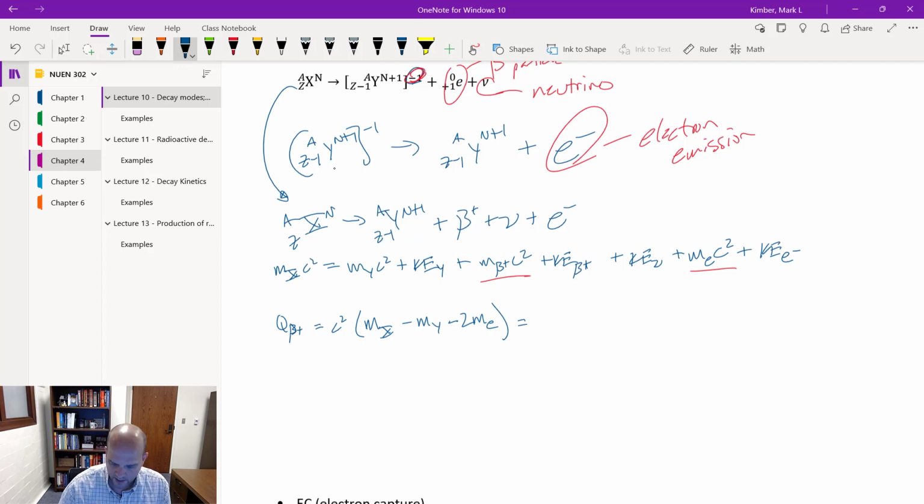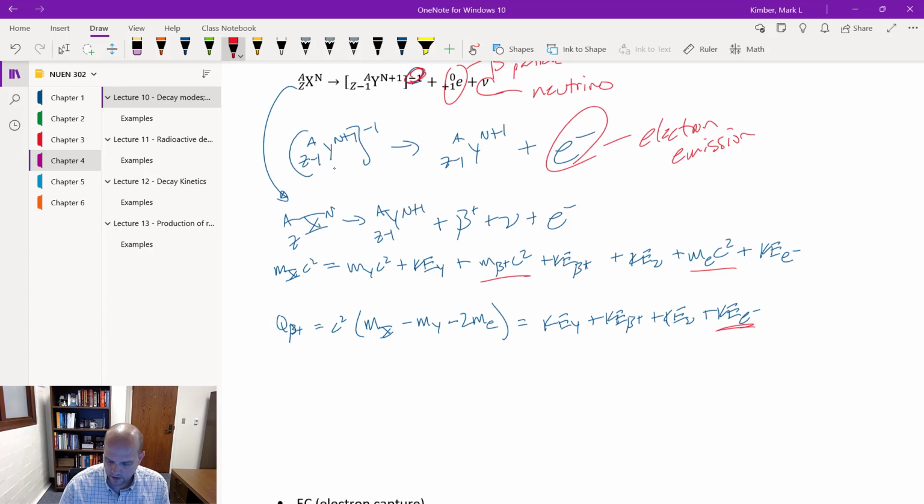That's going to be equal to all the kinetic energies that I still have at this point: the kinetic energy of Y, plus the kinetic energy of that beta, the kinetic energy of the neutrino, plus the kinetic energy of that electron.